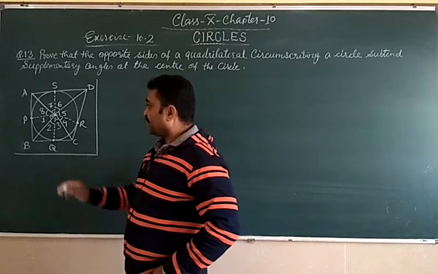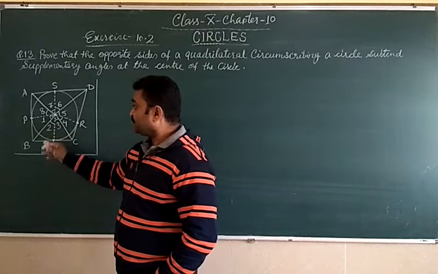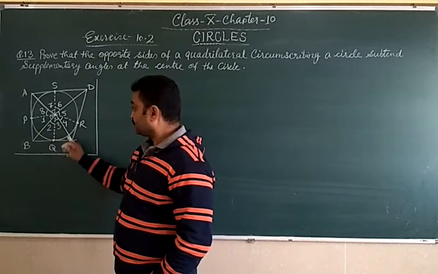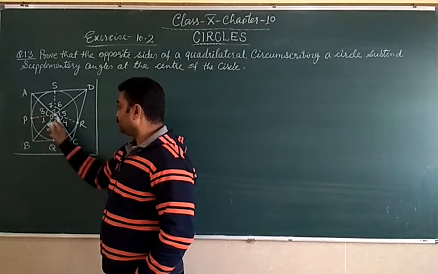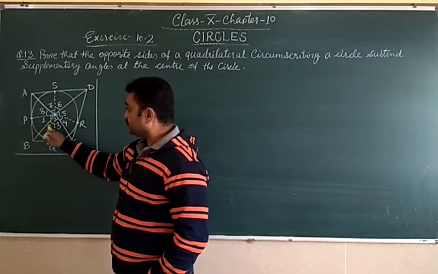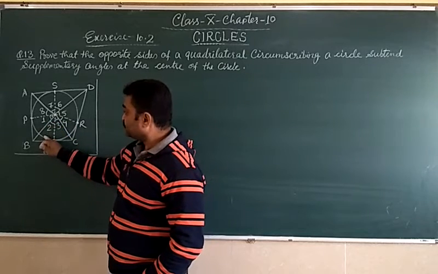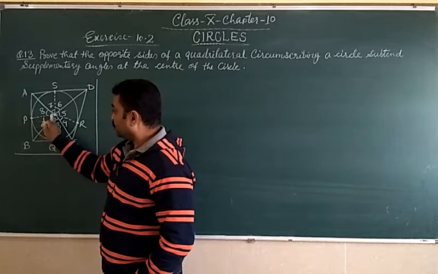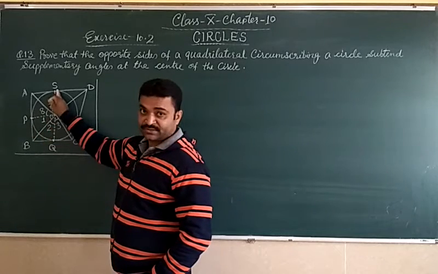So students, I have given names to the angles formed after joining OA, OB, OC, OD, and these are the other angles formed by joining OP, OR, OQ and OS.